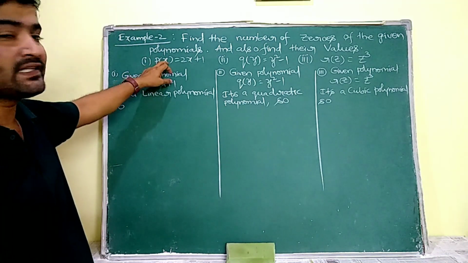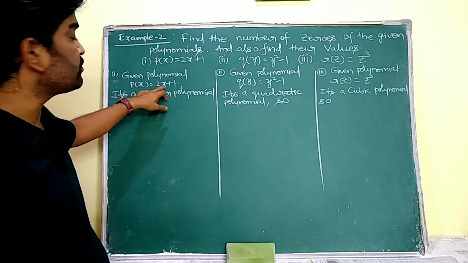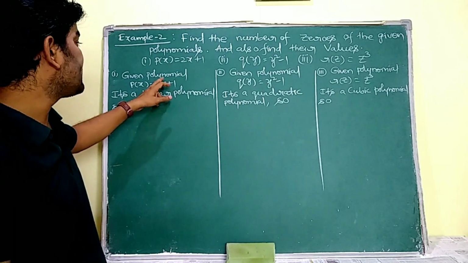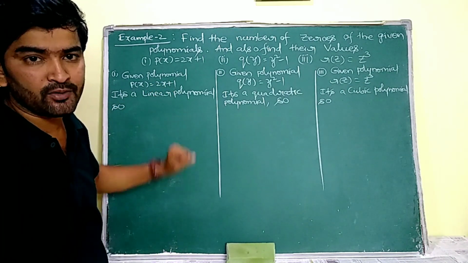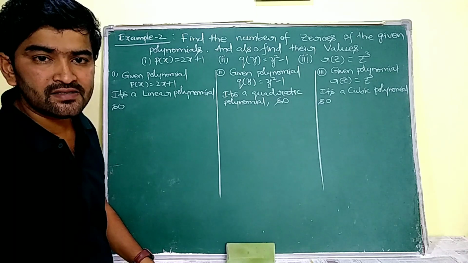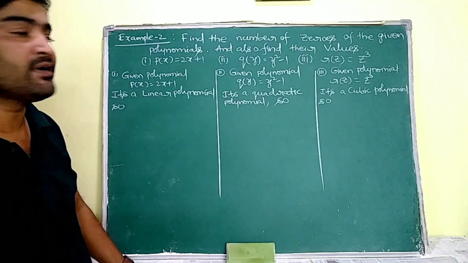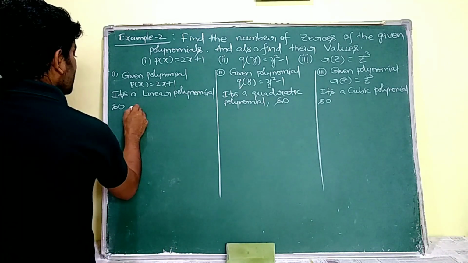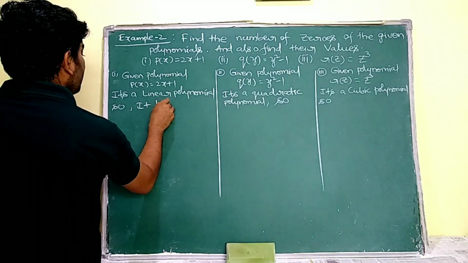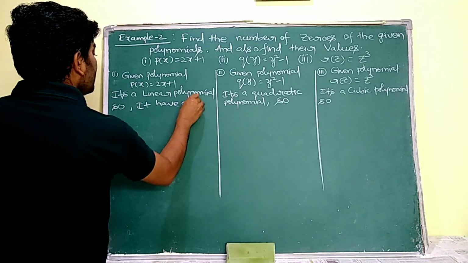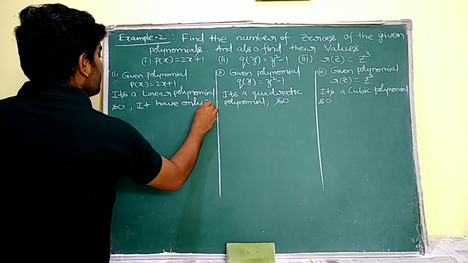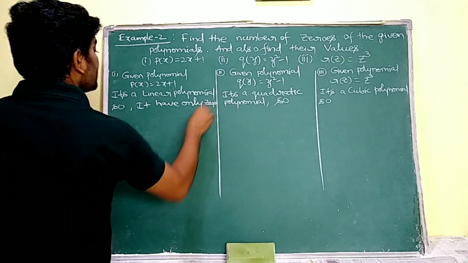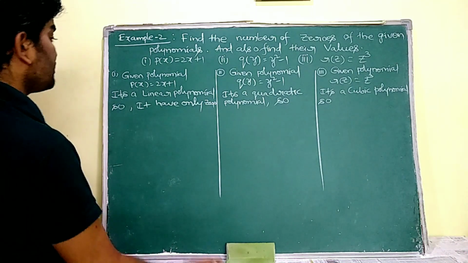Firstly we have to write the given polynomial p of x is equal to 2x plus 1. Its degree is 1, so it is a linear polynomial. We already discussed that a linear polynomial in one variable is going to have only one zero. Only one zero.